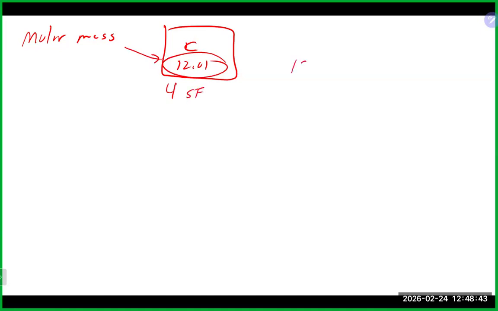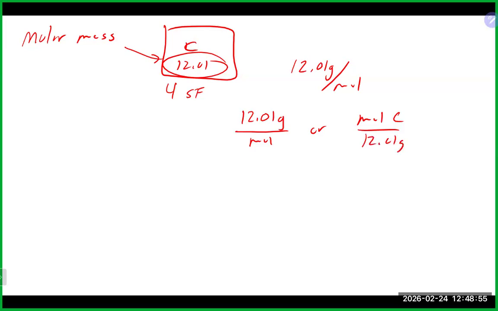And that means for carbon, there's 12.01 grams per mole that we could use as a conversion factor, 12.01 grams per mole, or a mole of carbon is 12.01 grams. So if I have grams and I want to get to moles, it is the molar mass that I use as my conversion factor, and going backwards as well.